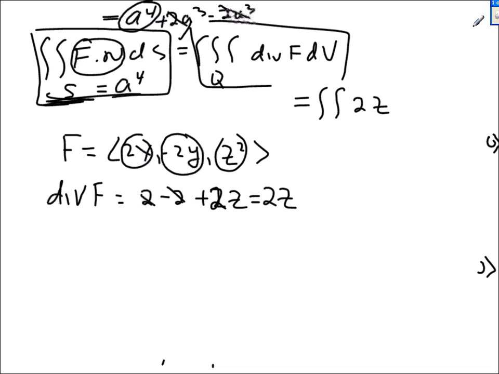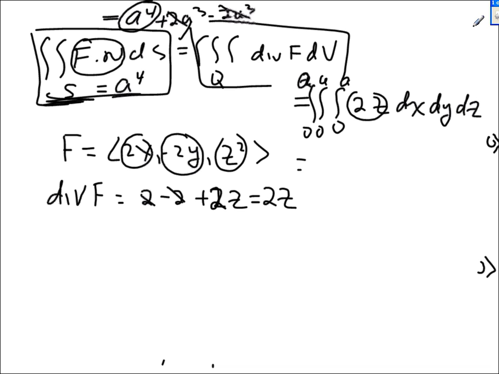Okay, so we integrate 2z. Actually it's a triple integral, dx, dy, dz. X goes from 0 to a, so does y, so does z.